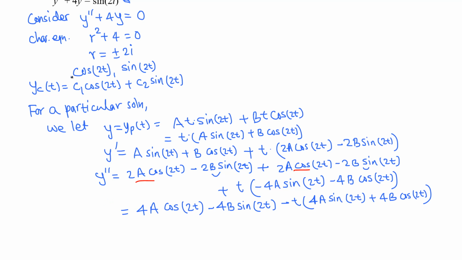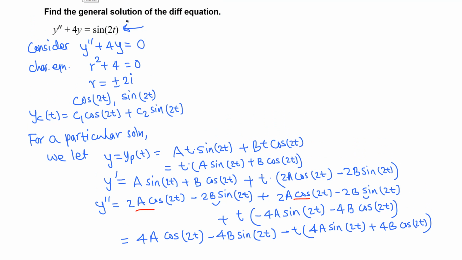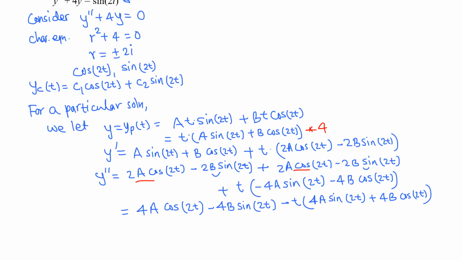Now we want to plug this into the original ODE: y double prime plus 4y equals sine 2t. So y double prime is here, and we multiply y by 4. Plug these into the given ordinary differential equation.